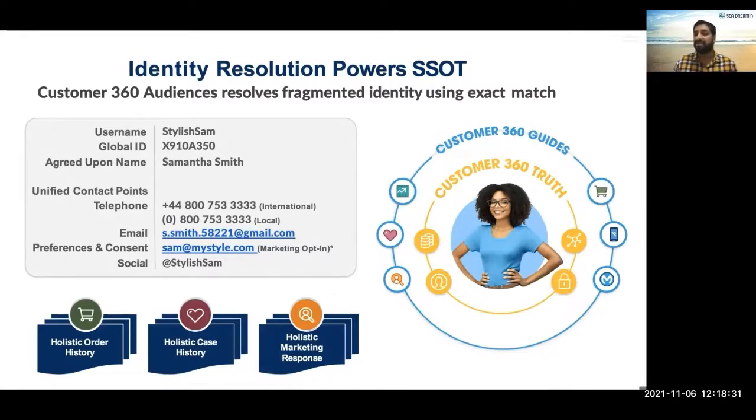You can shoot an email, shoot an SMS, send a push notification, and reach an ad audience. Use Social Studio for Twitter, Facebook, and all the accounts. So it collects all the historical order history, case history, marketing responses, all the engagement data. And now we built a single source of truth for one customer 360 profile.